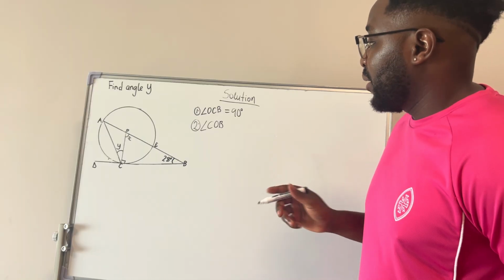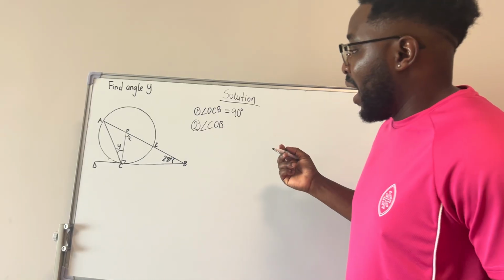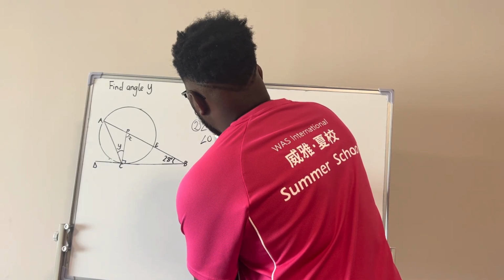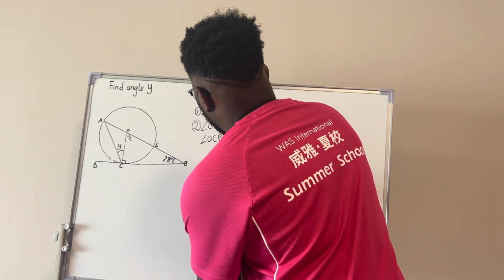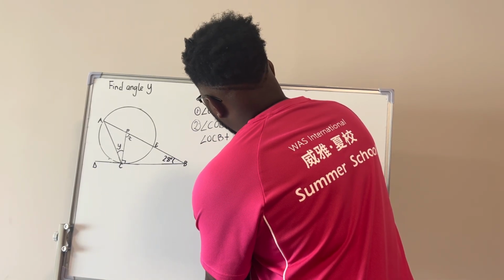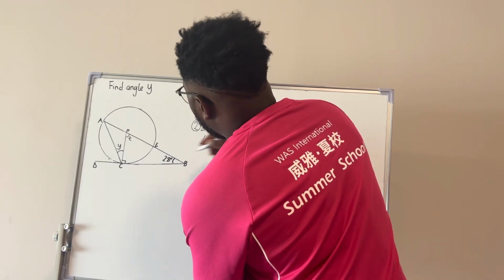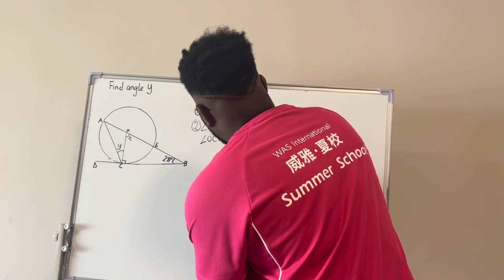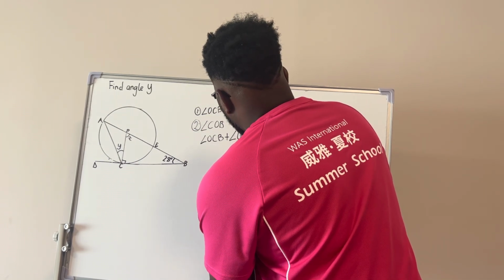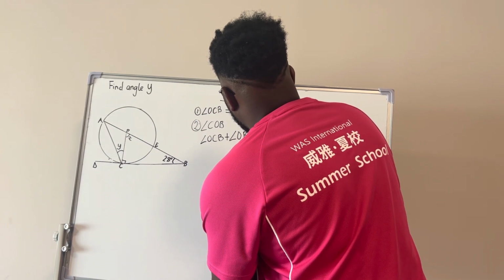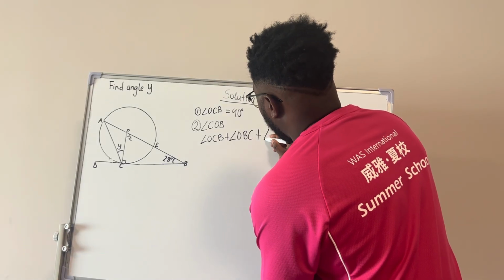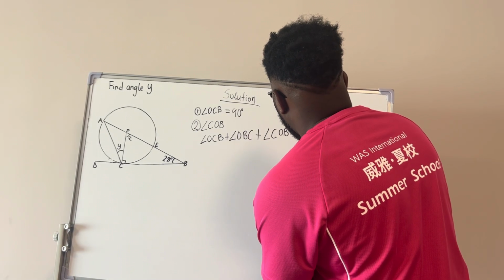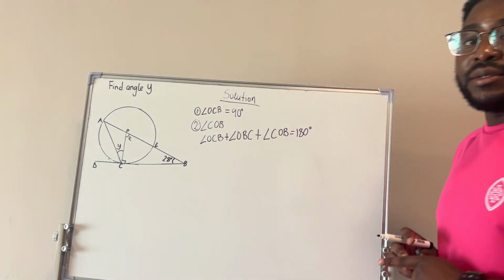So for us to get angle COB, we're going to add angle OCB plus angle OBC plus angle COB, equating it to 180 degrees.